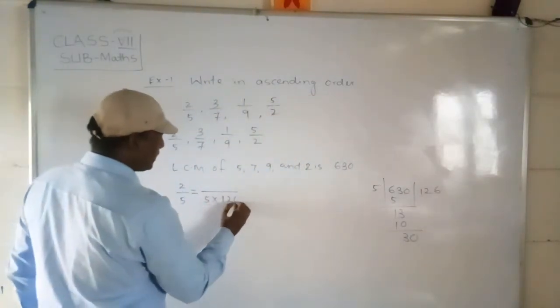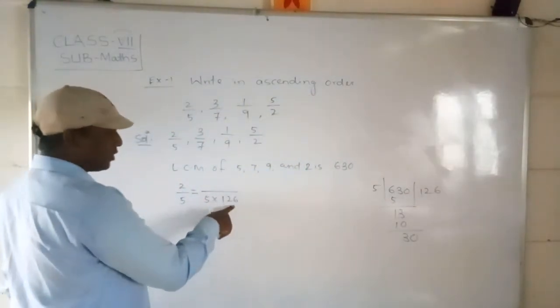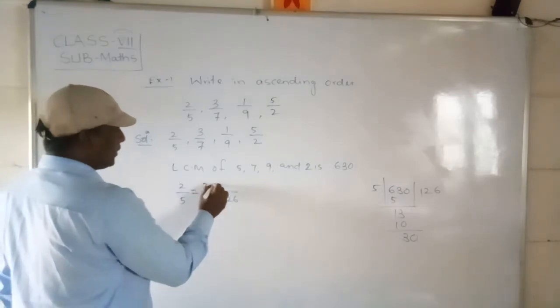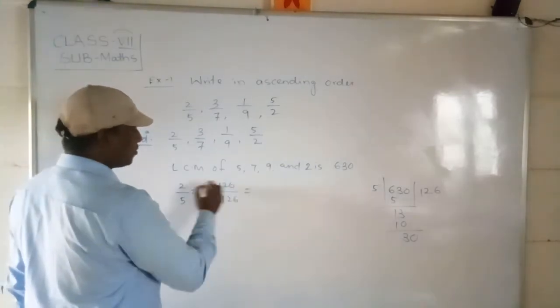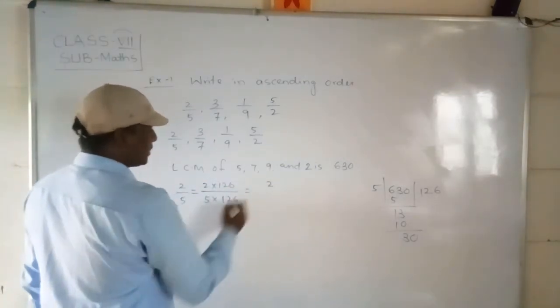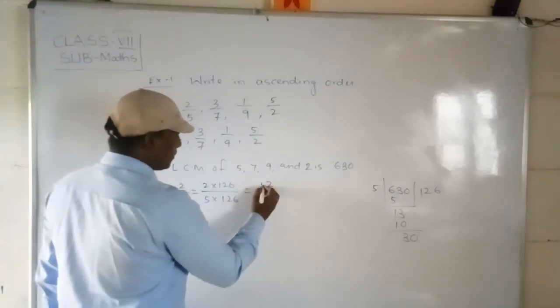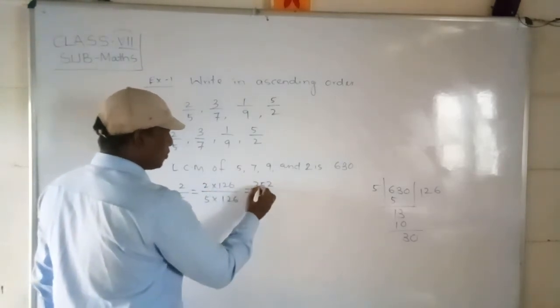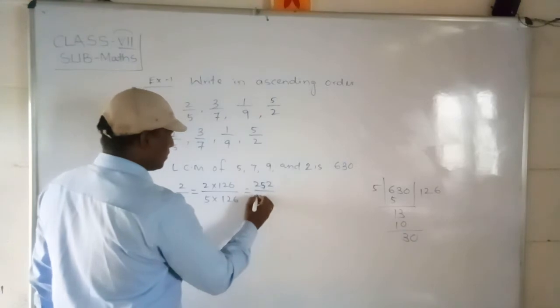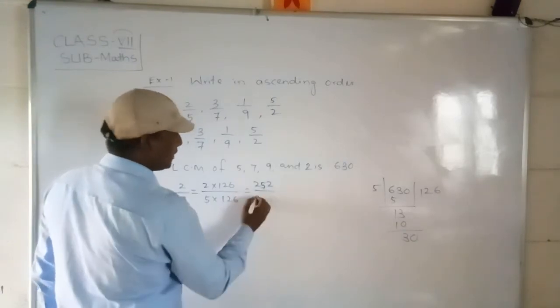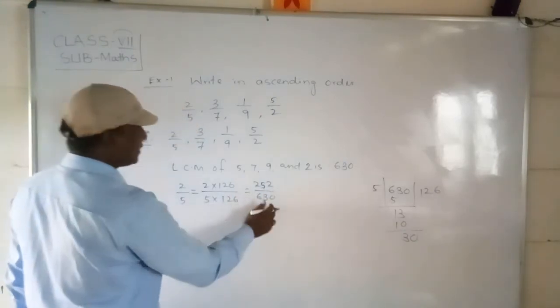Multiplying the numerator, 2 into 126 is 252. So 252 by 630.